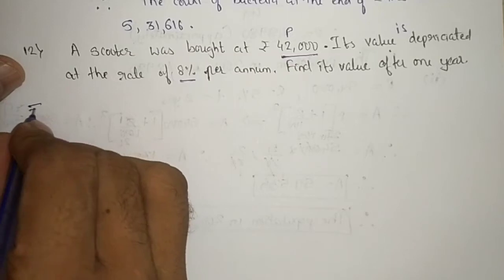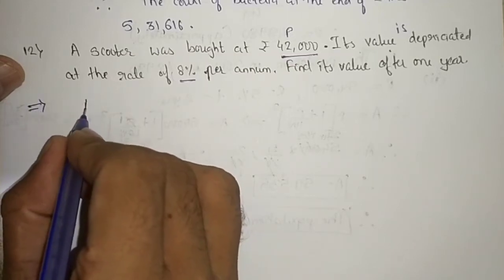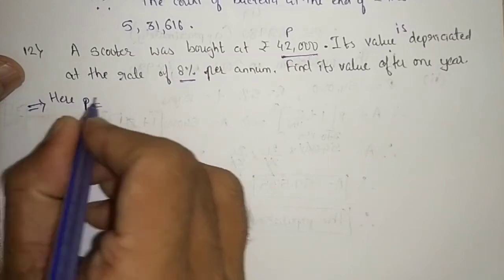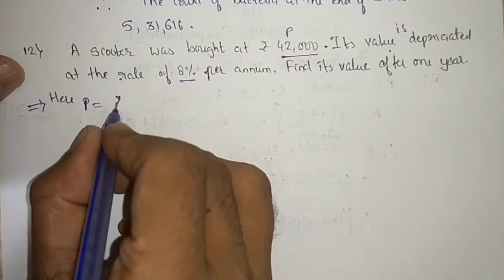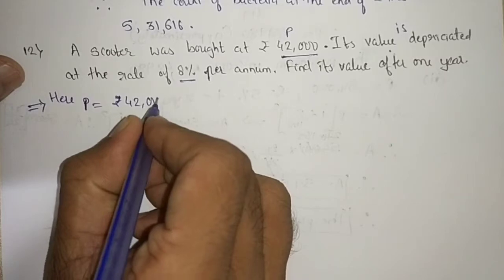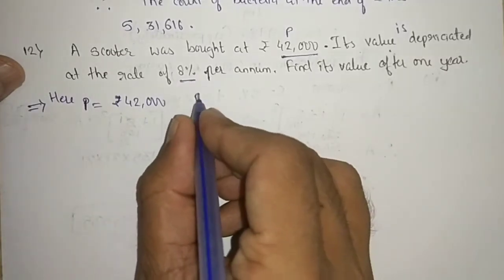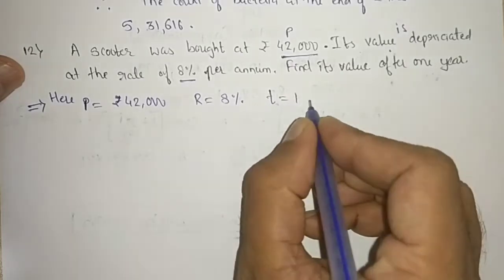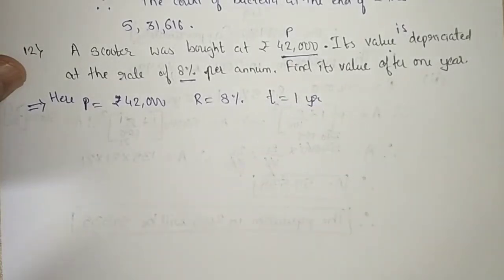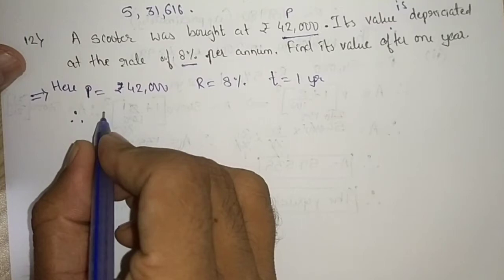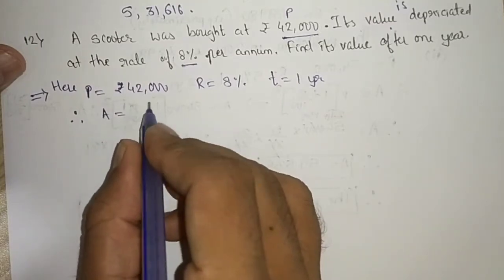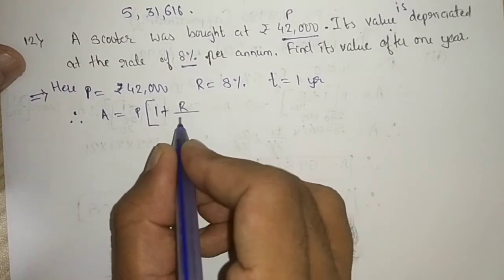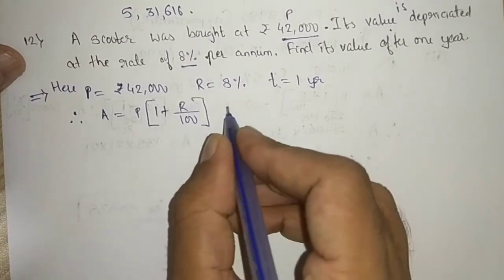So again we will apply the formula of amount, but we will write P is equal to rupees 42,000. Rate of interest is 8%. Time period is 1 year. Placing it in amount is equal to P into bracket 1 plus R divided by 100.